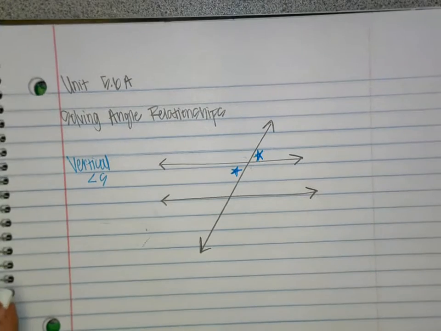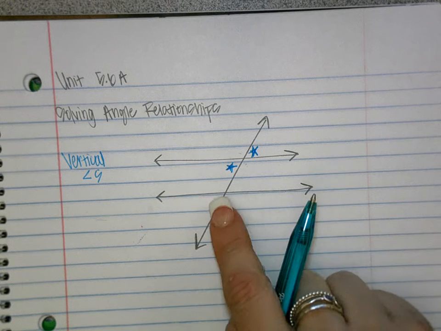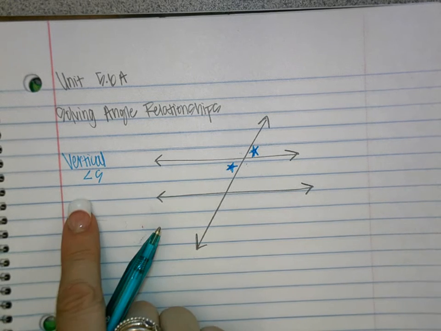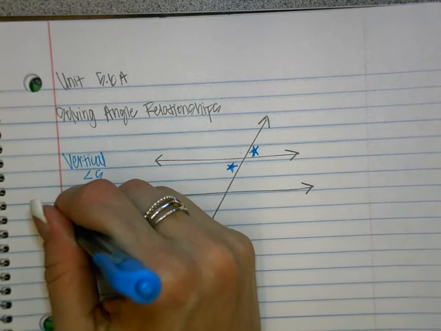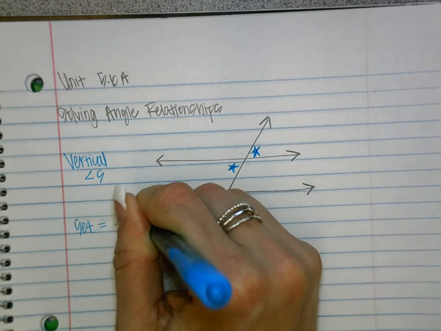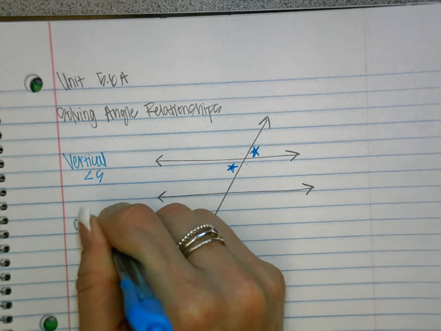These are called vertical angles to one another. There's lots of them in there. It could be these two right here, or it could also be these two. So the ones that are inside an X and across from each other. And what you need to know is if you have vertical angles, to solve, you set them equal to each other and solve.